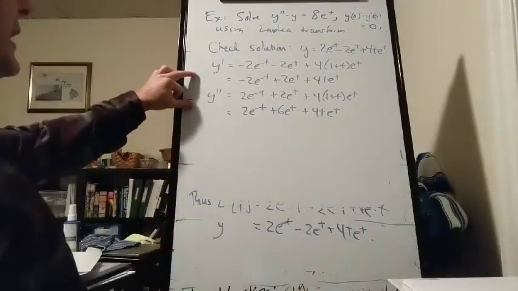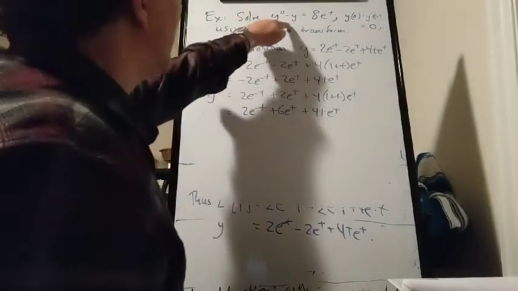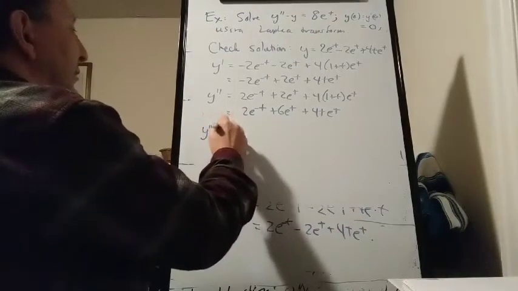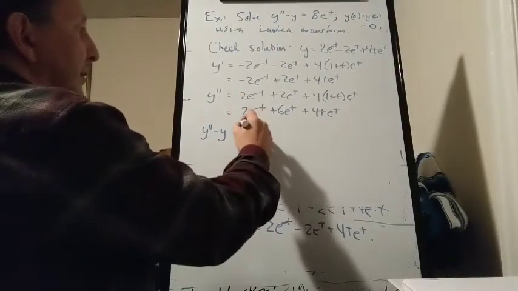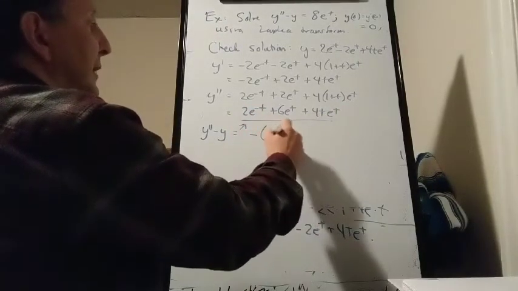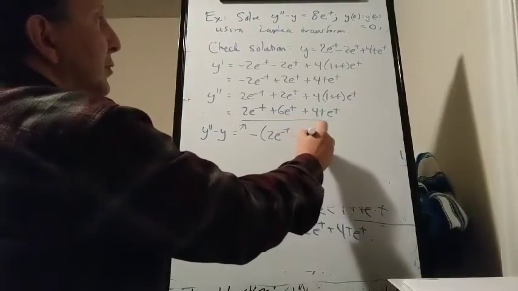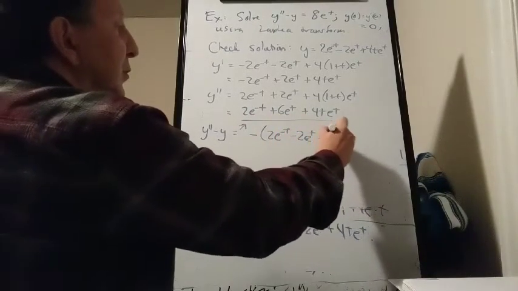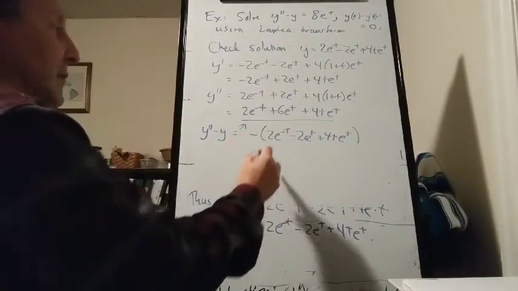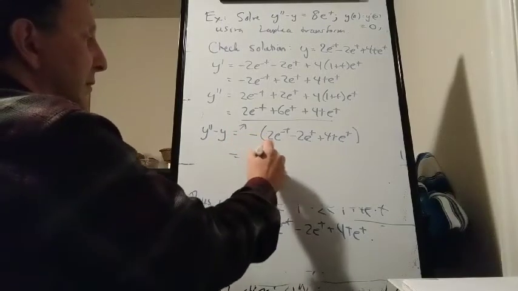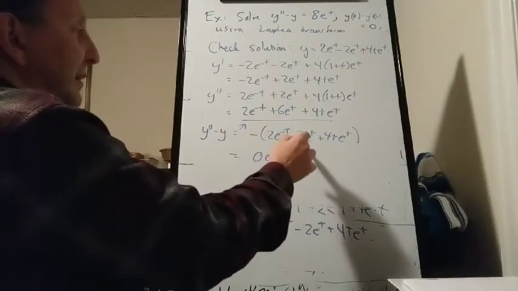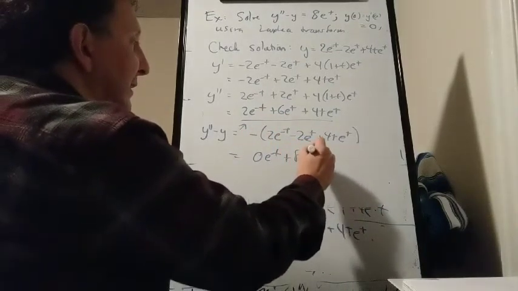Alright, so how are these supposed to relate? If we take second derivative minus y, we're supposed to get 8e to the t. So y double prime minus y equals this minus 2e to the negative t minus 2e to the t plus 4t e to the t. 2e to the negative t minus 2e to the negative t is 0. 6e to the t minus negative 2e to the t is 8e to the t.